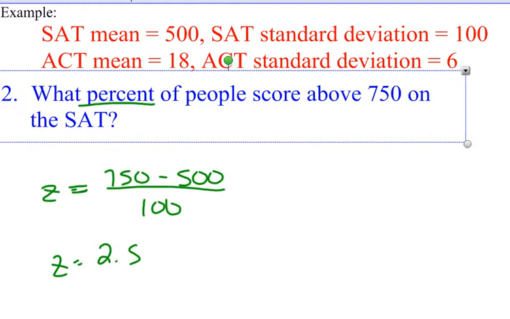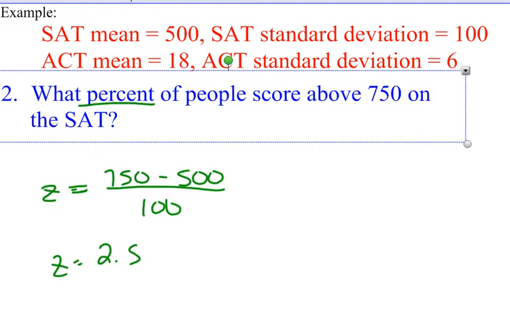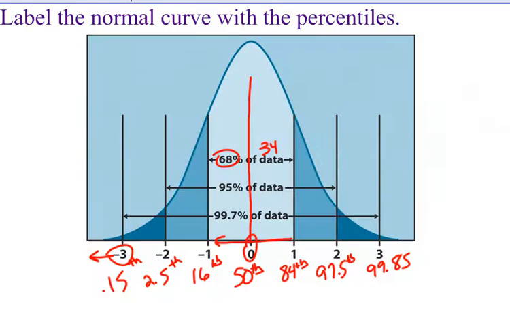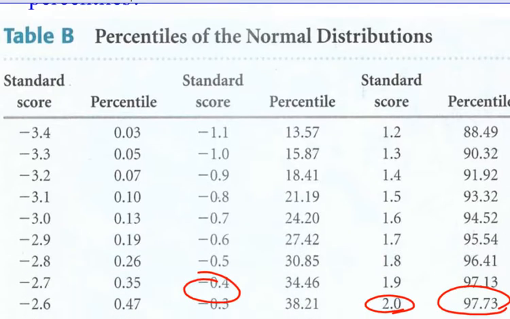Now, I'm going to go to my table B, and I'm going to look at where that z-score would be. Sorry, I have it back on these notes. Oops. Right here. Here's table B. So right now, I want to look up a score of 2.5. So I'm going to move down to find 2.5.